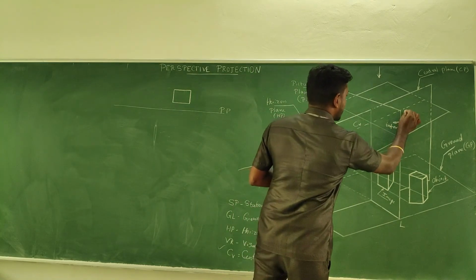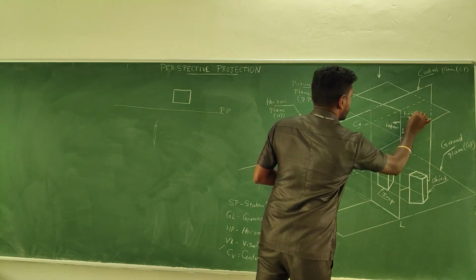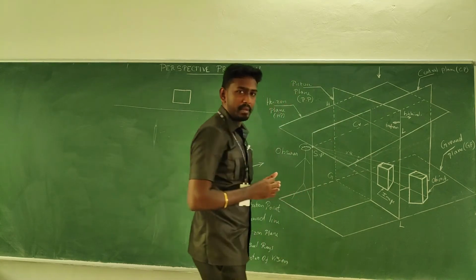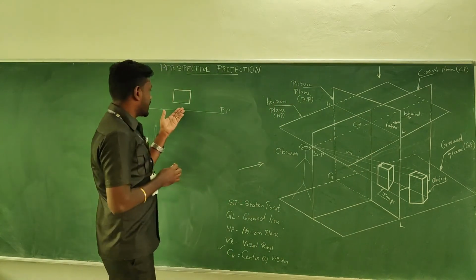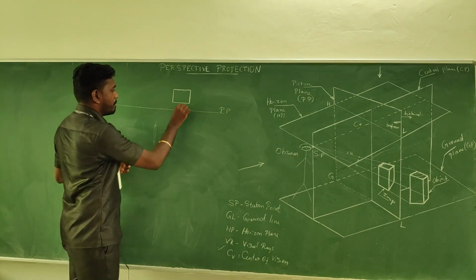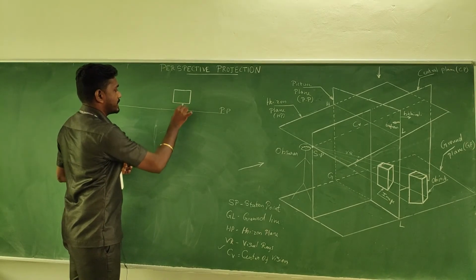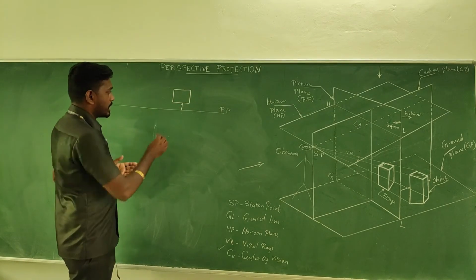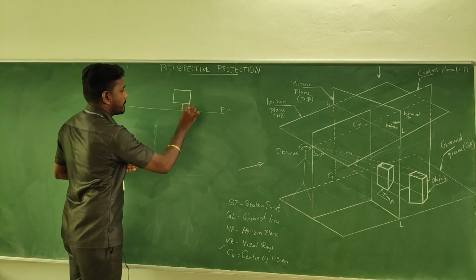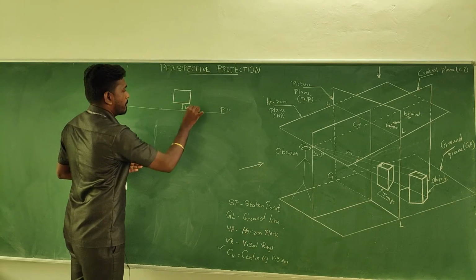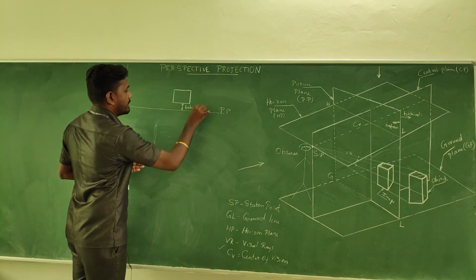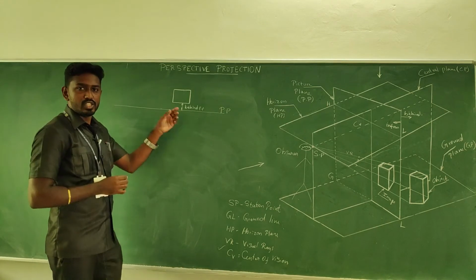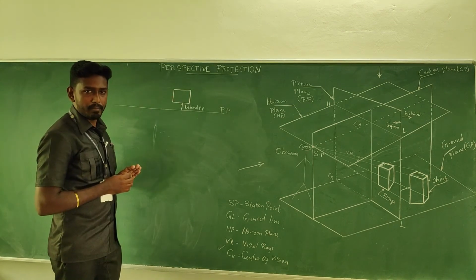This direction we can say is behind PP. So when you are interpreting on paper, the distance from PP we can call behind PP. This distance is just behind PP.